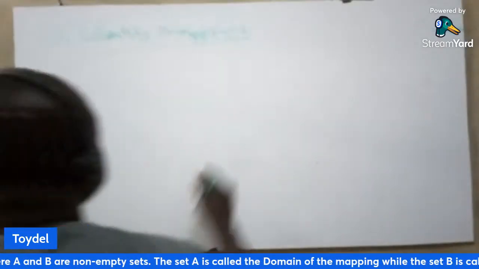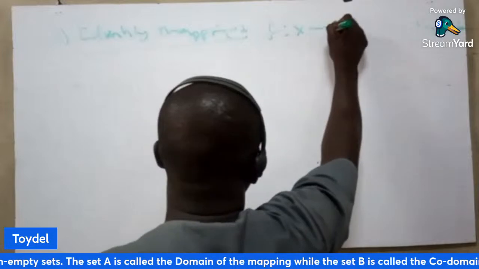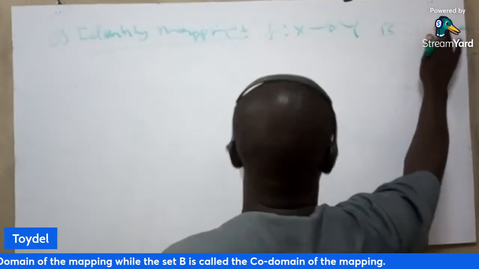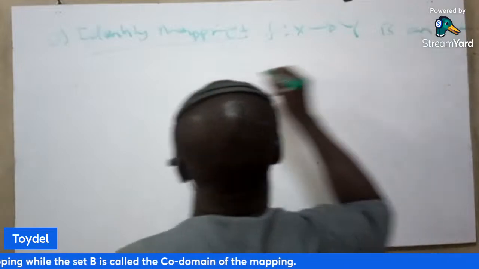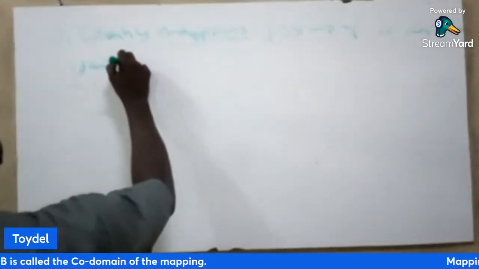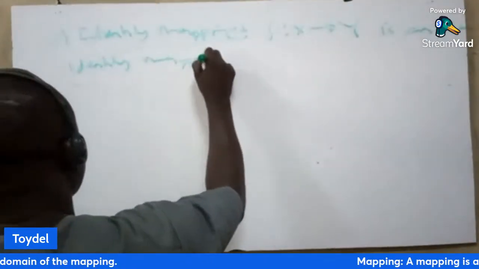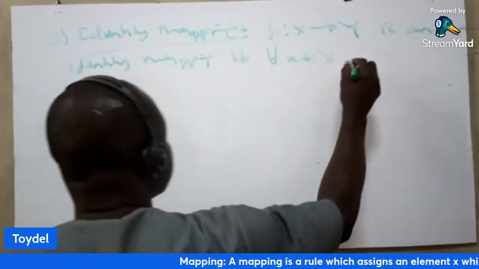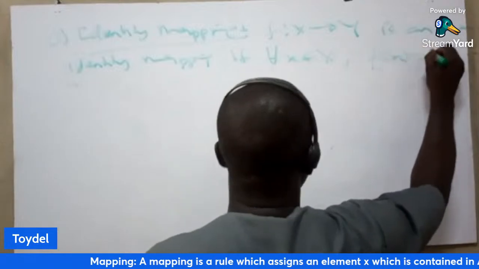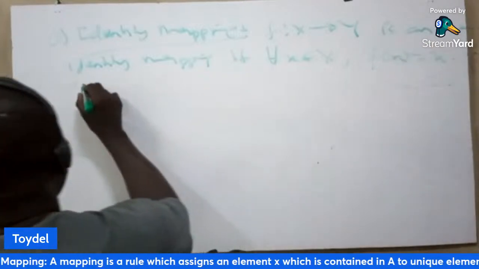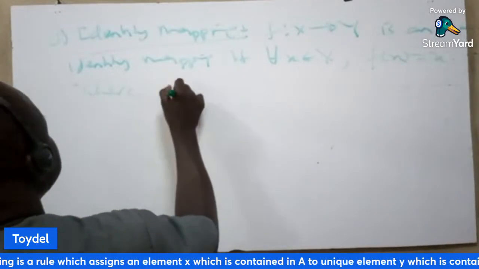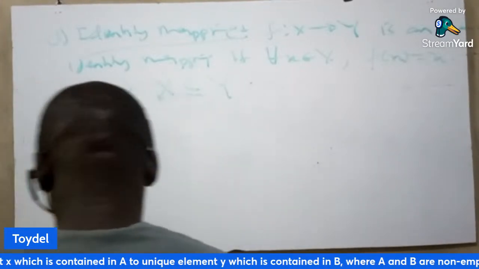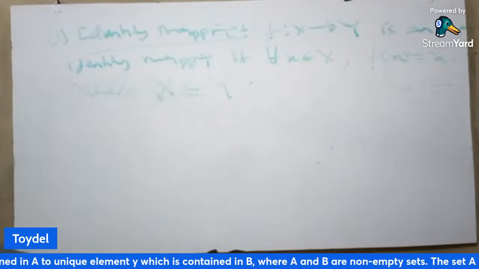So in case of identity mapping, if you have f such that X tends to Y, okay, this is an identity mapping if for all x that belongs to X, f of x is equal to x, where X must be a proper subset of Y. So this is what we are saying.